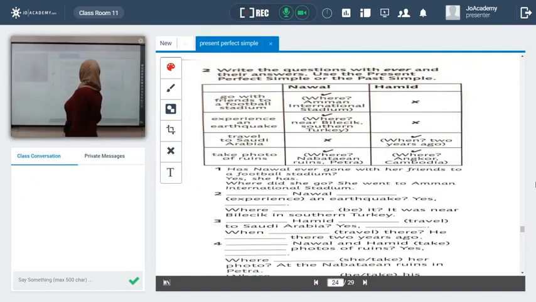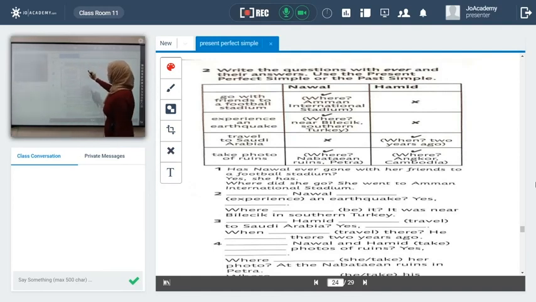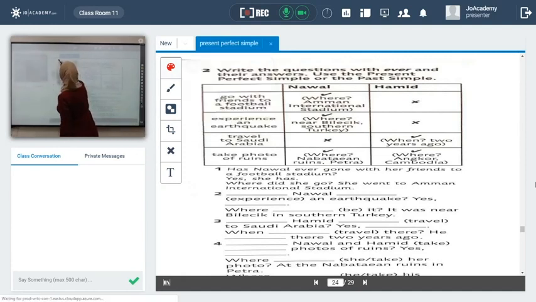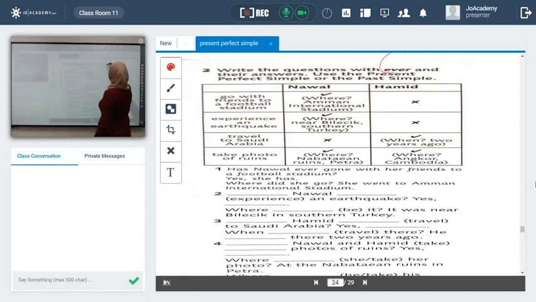Now we are going to move to exercise number 2 in our activity book again. Page number 49. This is the exercise, as you can see, and we have a table. So write the questions with ever. Remember that when we have questions, we use the word ever, and their answers.